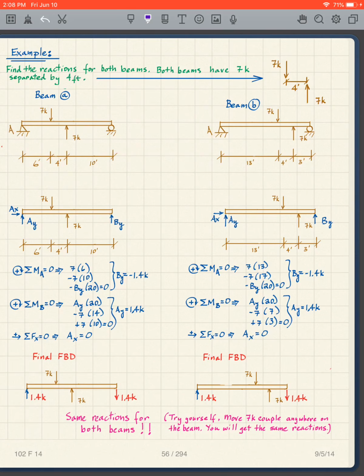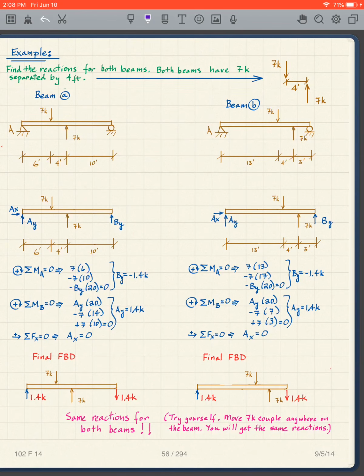And we just do it the same way we've always been doing it. So I'm not going to go through a lot of detail, but we take moments about A for this one. And it's going to be what? It's going to be 7 times 6 and 7 times 10 for those two, BY, of course, times 20. One's plus, one's minus.